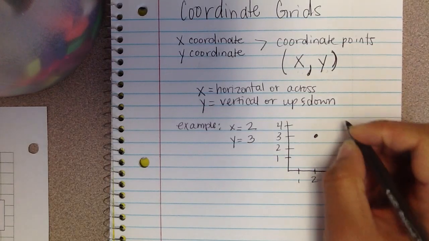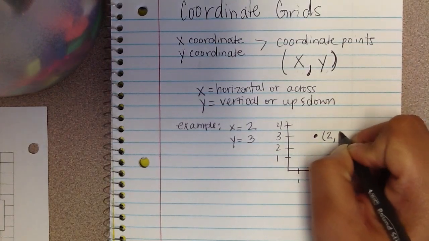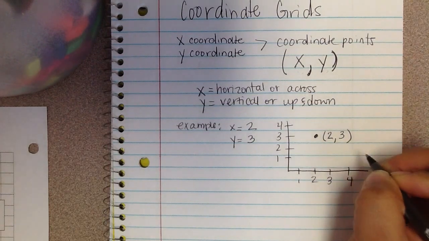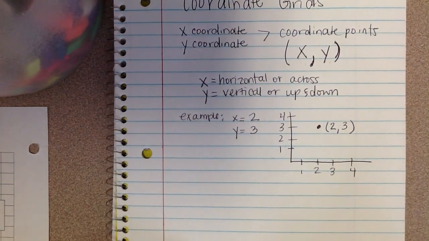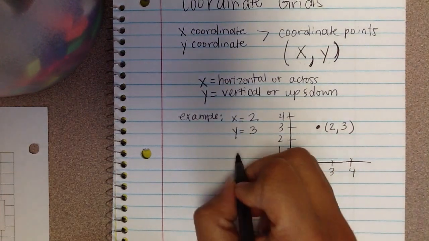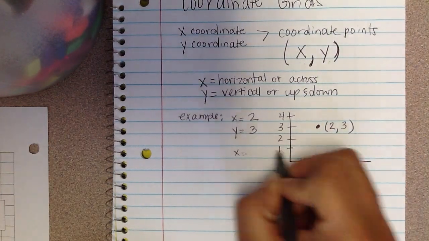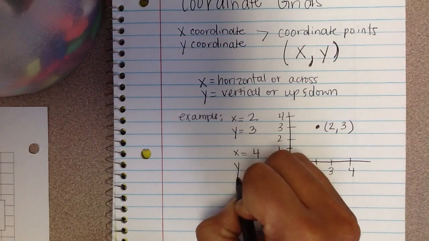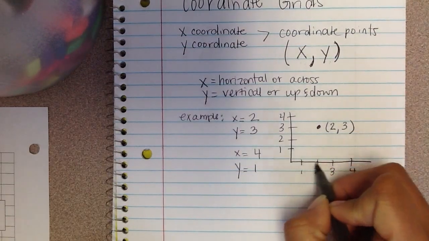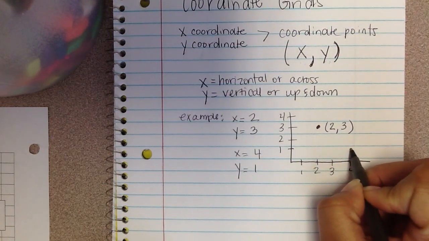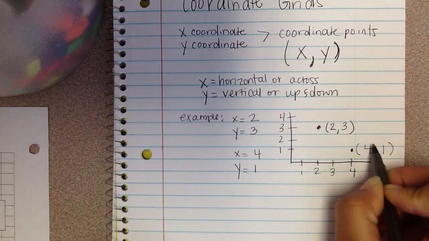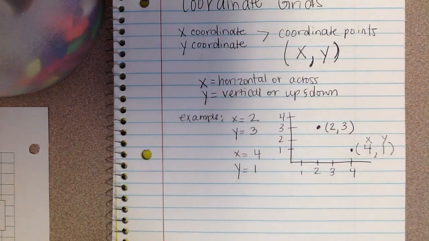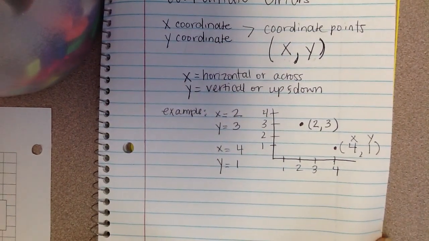Okay, so that would be the point 2, 3. Alright, if I had another point, let's say my X was 4 and my Y was 1, I would go over 4 and up 1. So this point would be 4, 1, because my X is 4, my Y is 1.